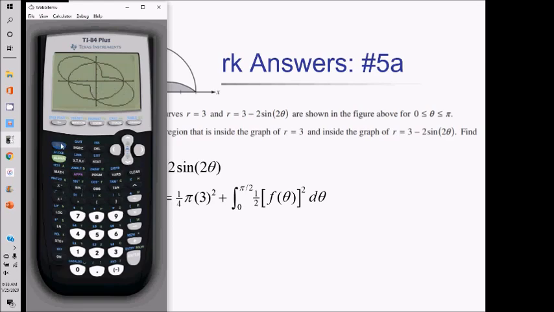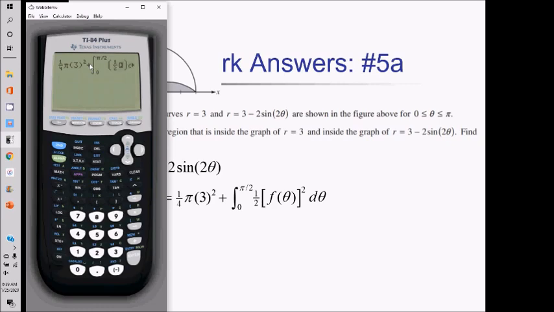So now, quitting out of that, I have 1/4 pi times 3 squared. And now I have to add an integral. So plus, math 9, integral from 0 to pi over 2. And inside we've got the fraction 1/2.